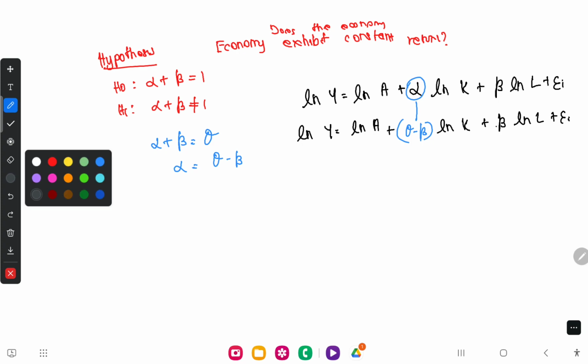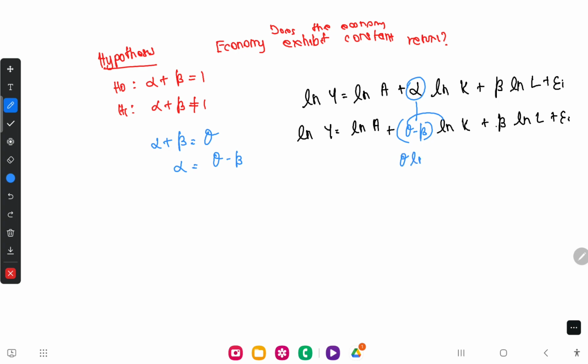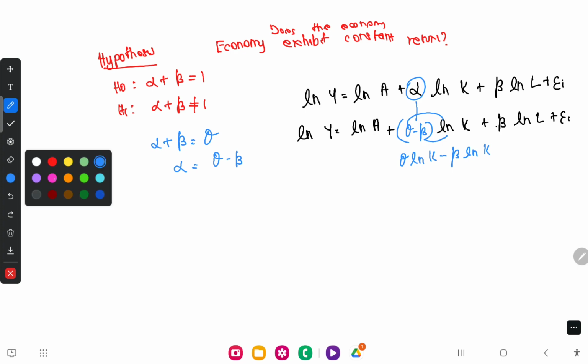Okay, so let me solve this first. Simplify this. So theta into ln K is theta ln K. Then beta into ln K is minus beta ln K. And let me write the rest.